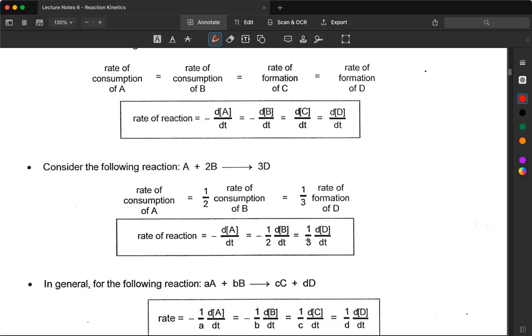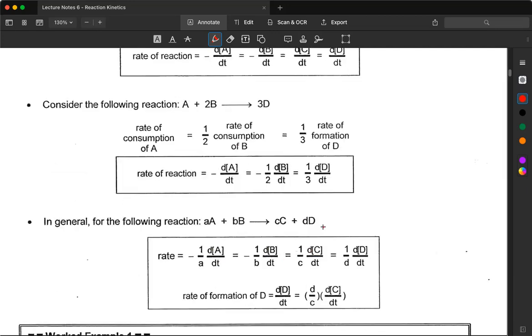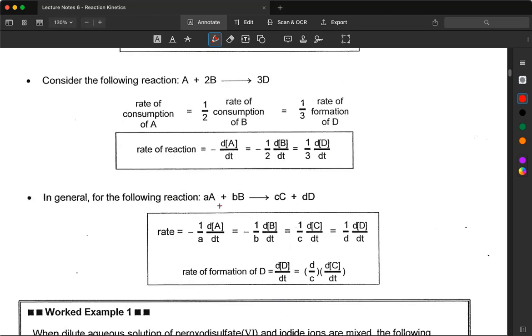So it's 1/3 times the change in concentration of D. So in general, we consider the coefficient, and this is what we obtain.